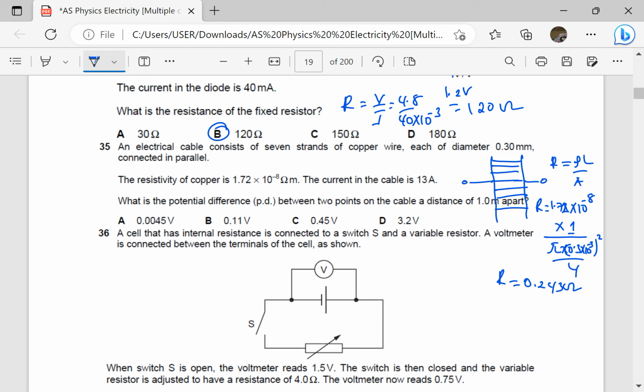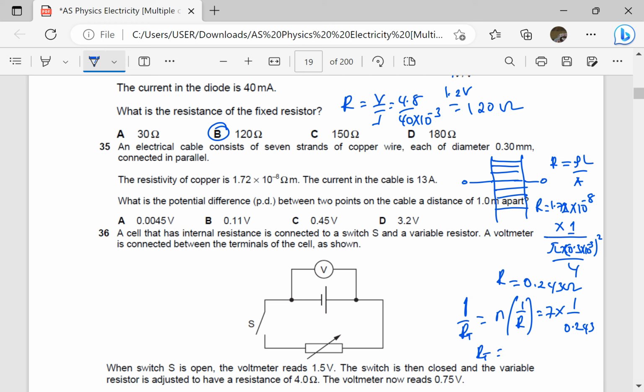But because they are identical, 1 over total resistance in parallel is equal to the number of resistors in parallel, if they are identical, times 1 over the resistance of 1. So that means we shall say 7 times 1 over 0.243. Then we get the reciprocal.